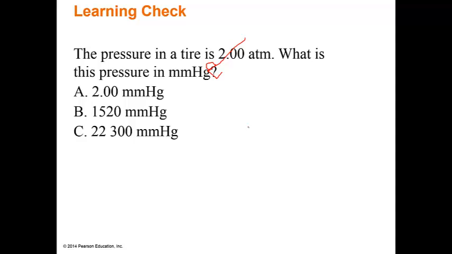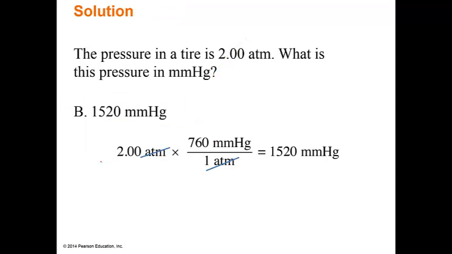You guys should be able to do this in your heads. It's going to be approximately 1520. Oh, hey, there's one of the answers. We knew it wasn't going to be A, and we knew it wasn't going to be C because that's way too big for our conversion. So let's see what happens. 2 times 760 equals 1520. So that is our basic start of understanding pressure.